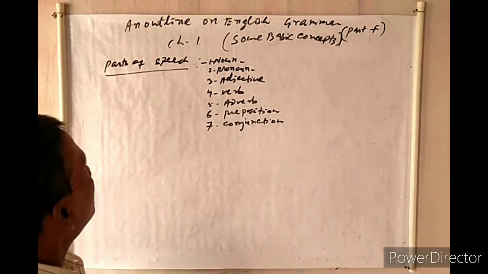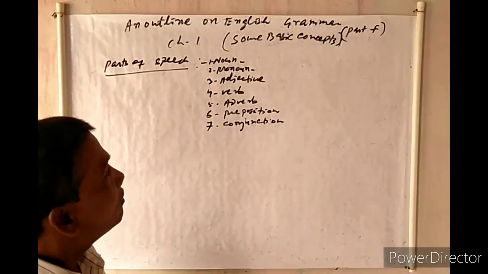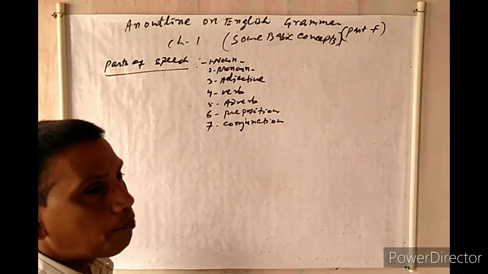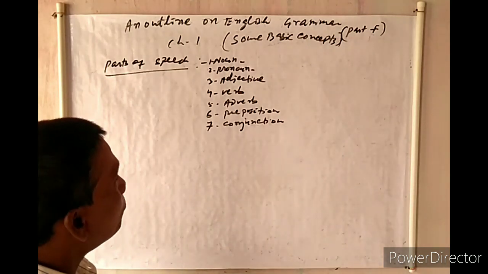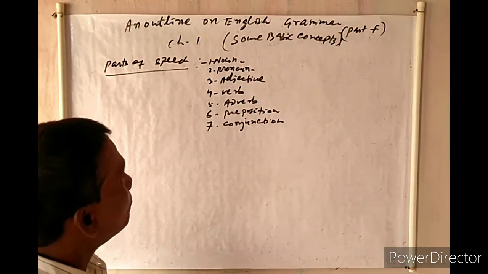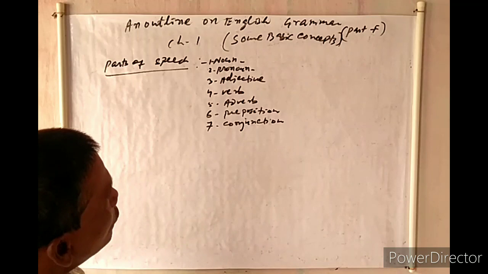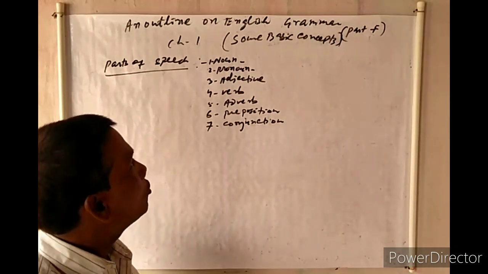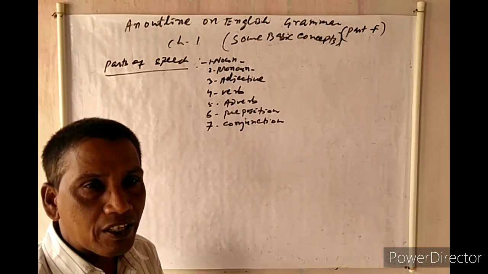In this chapter, when we are studying the parts of speech, our purpose is to have some preliminary information about them. You should not have any misconception that the way we are studying the parts of speech now is final. In our future classes we will study them extensively.